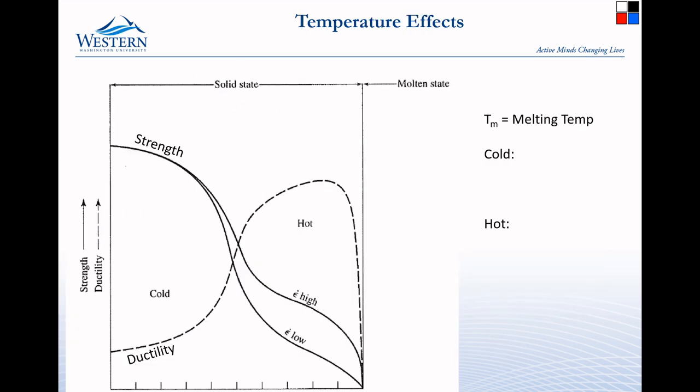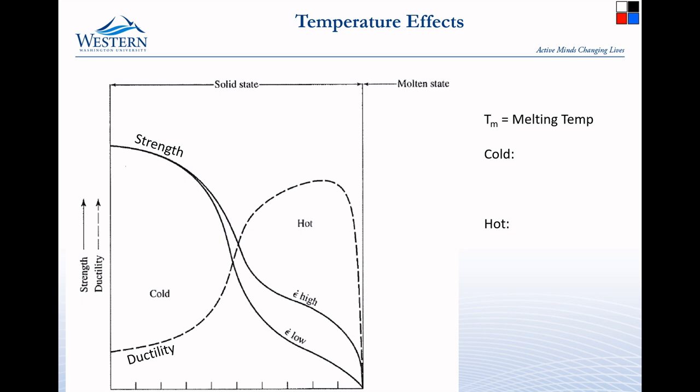So we're going to talk about temperature now, because temperature is super important to what we're doing, both from a good aspect and from a bad aspect. So if I have a material that has a relatively high strength over here on the left side of the graph, the x-axis of this graph is in melting temperature. If I'm over on the 0 end, I'm on 0 times melting temperature.